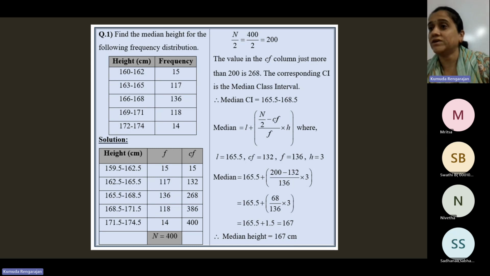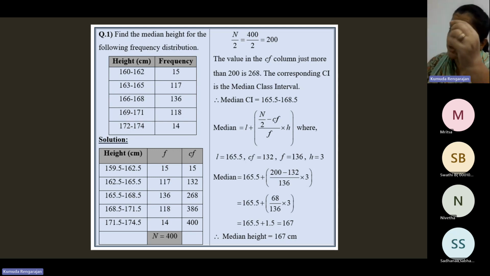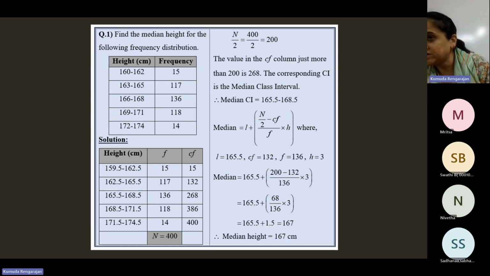Now, how do we identify the median class interval? For that, you need to find something called n by 2. See here, n by 2. What is n by 2? 400 by 2, 200. Now, in the cumulative frequency column, you need to find that cumulative frequency which is just more than 200. Not equal to 200, just more than 200.